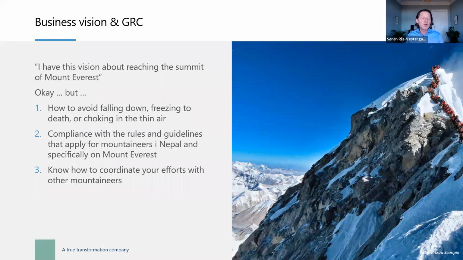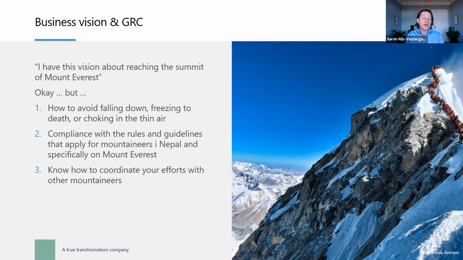And these rules are numerous, specifically on Mount Everest, for instance, bringing your garbage with you down. If you're above 6,000 meters, you don't worry too much about leaving your garbage, because you are actually struggling to survive. But this is actually a guideline and even a rule to be complied with.